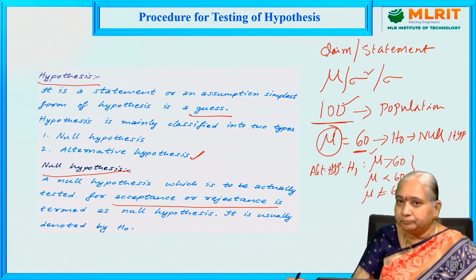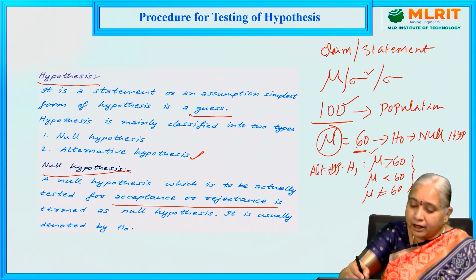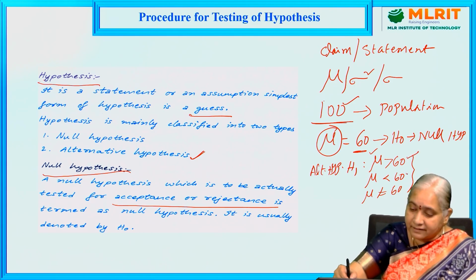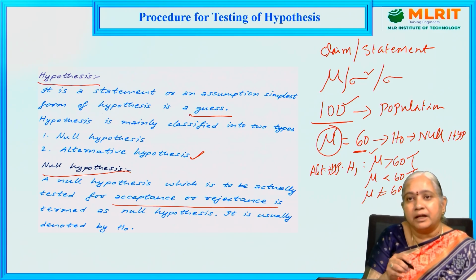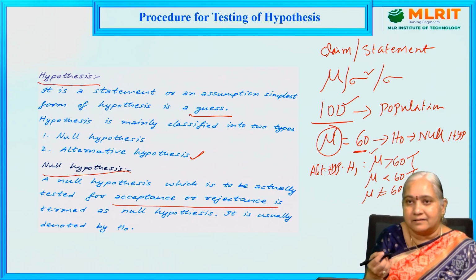So here, if we are rejecting the null hypothesis H0, it means we are accepting the alternative hypothesis H1, either mu greater than 60, or less than 60, or not equal to 60. That means the average mark is not 60 marks, maybe greater than 60 or less than 60.